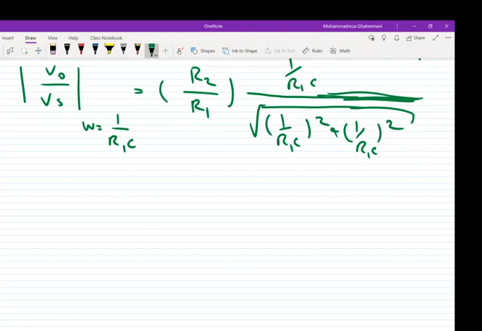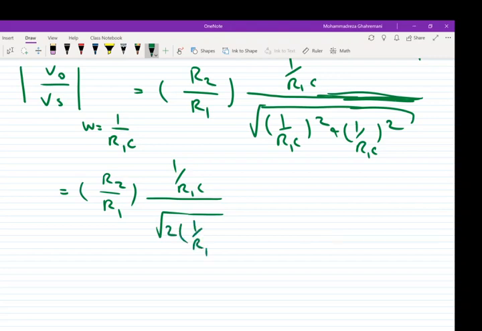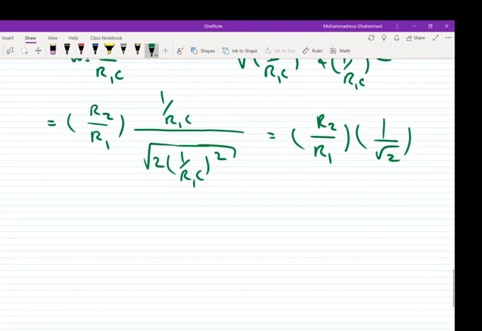Okay, which is equal to R2 over R1, 1 over R1C, over square root of 2 times (1 over R1C) squared, which is equal to R2 over R1 times 1 over square root of 2, or we can say it's equal to 0.707 R2 over R1.